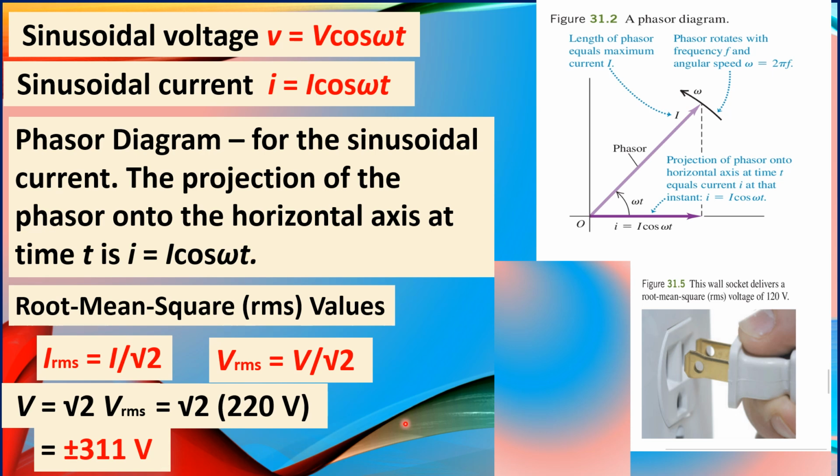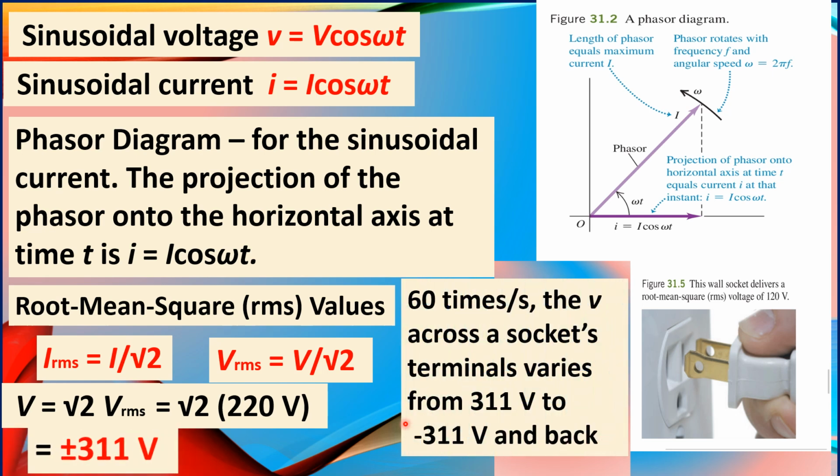What does this mean? This means that 60 times per second, that's the frequency used in the Philippines for an AC circuit, the instantaneous voltage, or the voltage small v across a socket's terminals, like the one shown here, varies from positive 311 volts to negative 311 volts and then back again, 60 times per second.